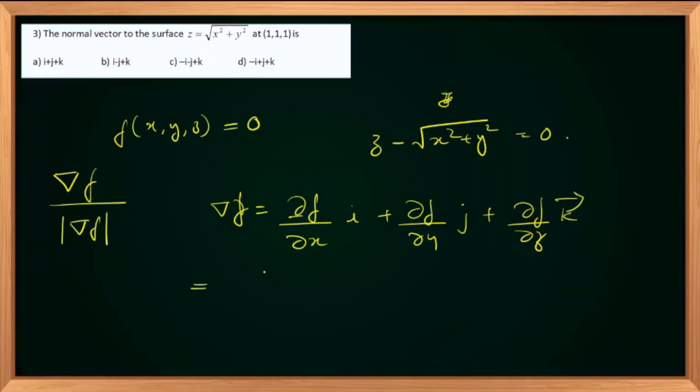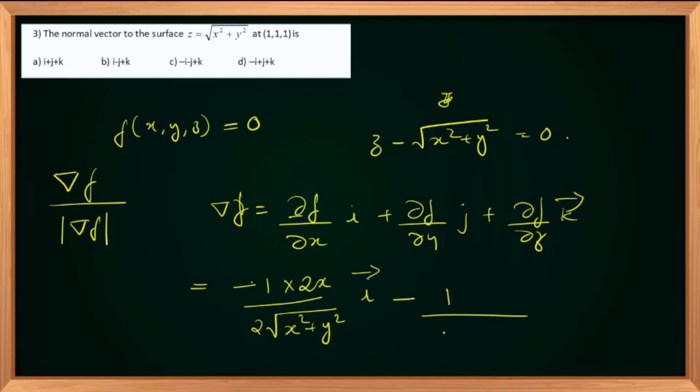The derivative with respect to x is minus 1 by 2 root of x square plus y square into 2x i vector, minus 1 by 2 root of x square plus y square into 2y j vector, plus the derivative of z, which is 1, k vector.